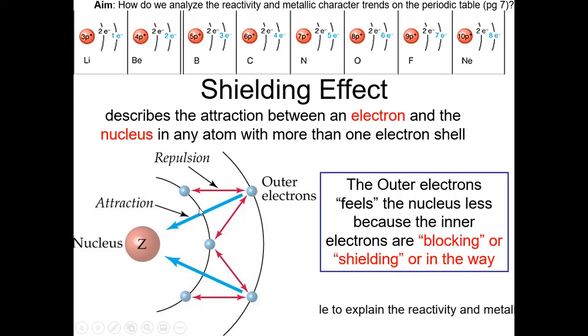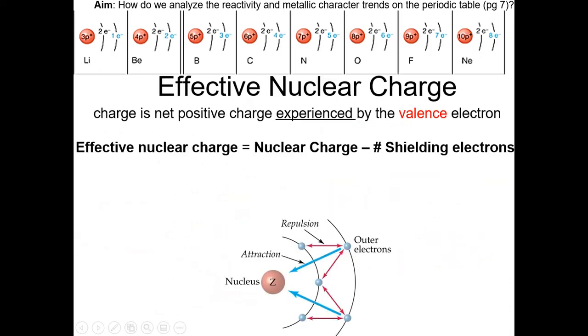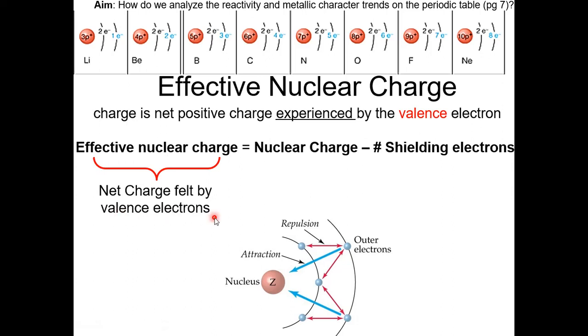The reason for that is because the inner electrons are sort of blocking and shielding the nucleus attraction from the outer electrons. So they feel what we call a shielding effect. The attraction they feel from the nucleus is less than that of the inner electrons. What the outer or valence electron feels is called effective nuclear charge, which is the net charge or attraction felt by the valence electron.